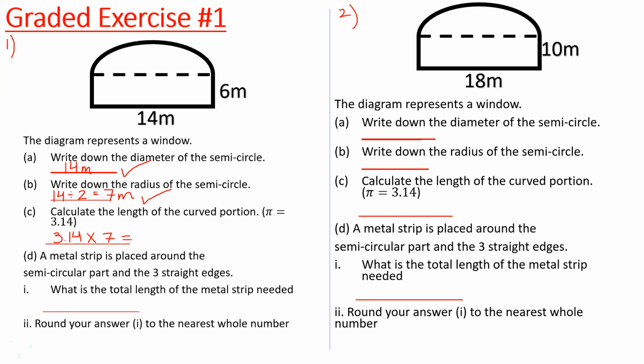That's correct. Anyone else got 21.98 for the metal, for C? Very good. 21.98 meters, right? Don't forget the meters. If you got it right, please put a tick. If you got it wrong, please put an X.